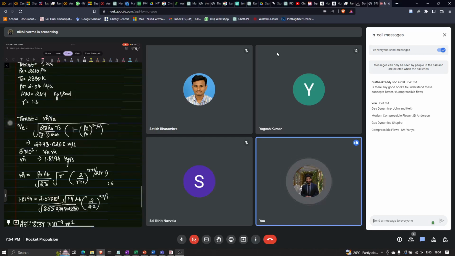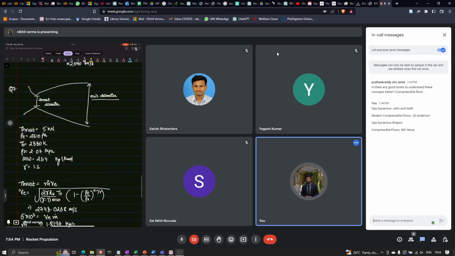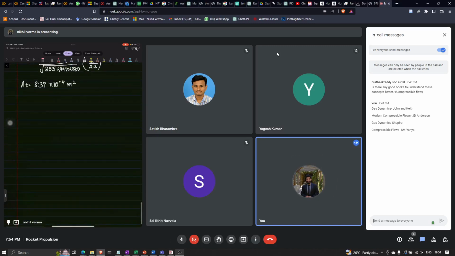To calculate the exit diameter, since it is given that the nozzle is ideal and working in an optimum condition, we can use the isentropic relation: P exit by P naught is equal to (1 plus (gamma minus 1) by 2 M square) to the power of minus gamma by gamma minus 1.